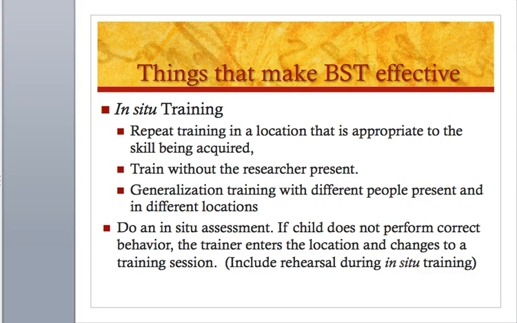Try training without a researcher present. Often an in situ assessment will begin, and if the child fails, a teacher will step in immediately and retrain the behavior and try to make it clear that they need to do it in the absence of the teacher. Generalization training with different people present, with no people present in several different locations, all of those components can help ensure that the behavior will occur when you most need it.